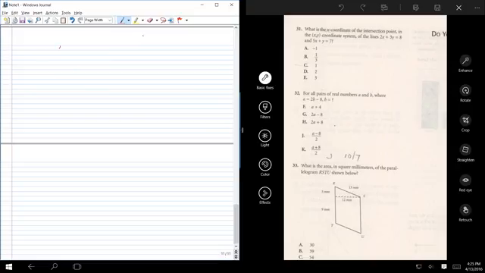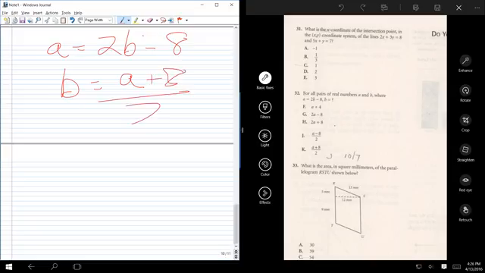So if A is equal to 2B minus 8, what is B equal to? Solve that equation for B. Yeah, so you move 8 over to the other side and then divide both sides by 2.